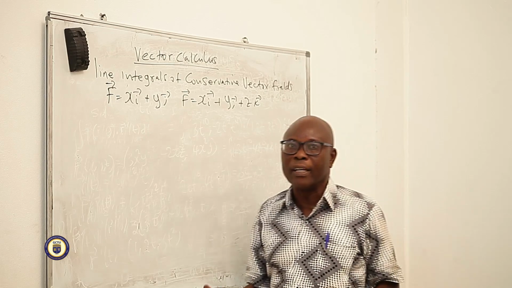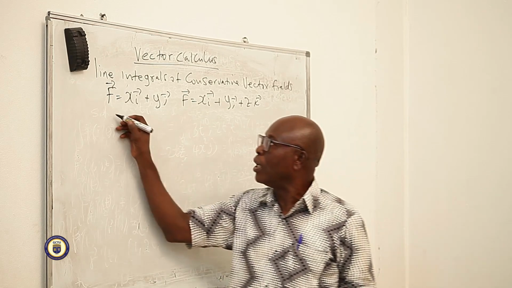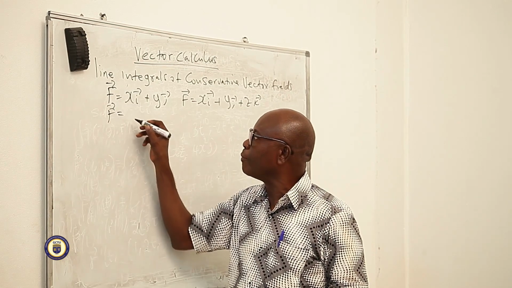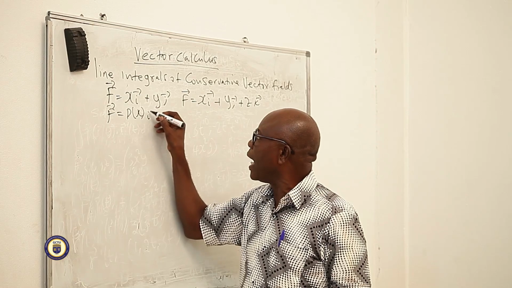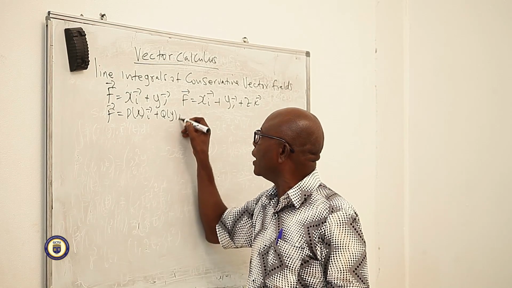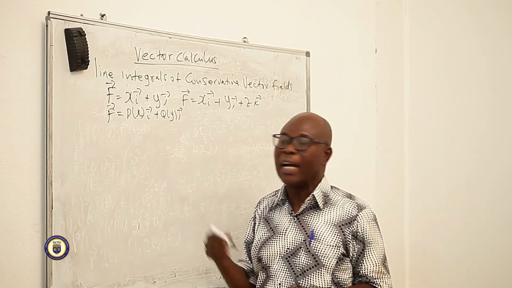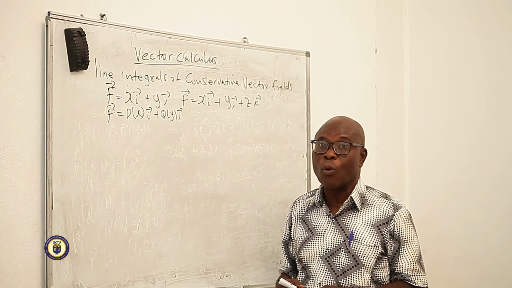Or it could be functions in x, y, z, or F can be a function in, let's say, P of x i plus Q of y j. Or we can have also a function in x, y, and z.